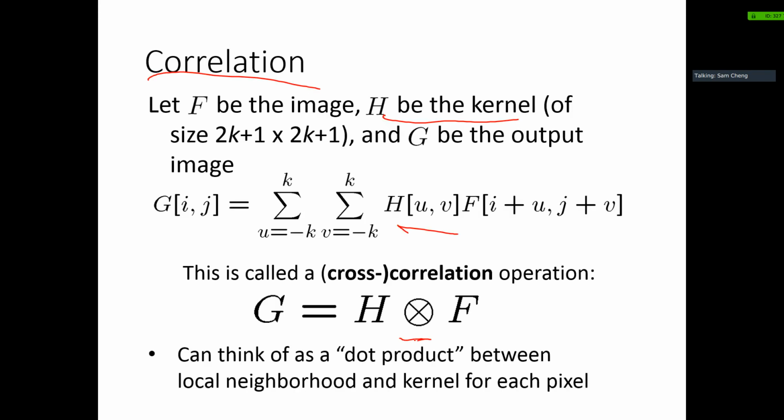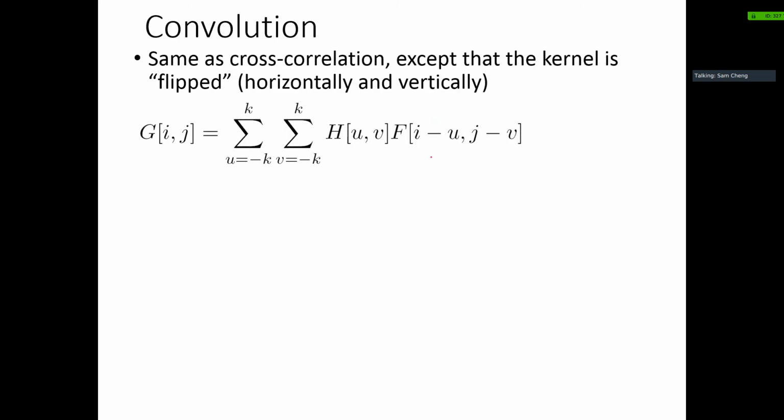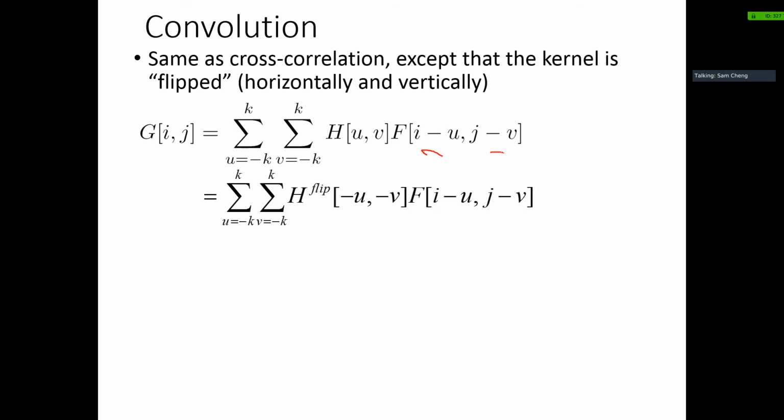You see the definition is a little different. With correlation, there is a plus sign here, an addition. But for convolution, there's a minus sign here. It looks a little more confusing, but we can relate convolution with correlation with a change of variable. For example, I can define h flip, as if I flip that particular image or kernel.